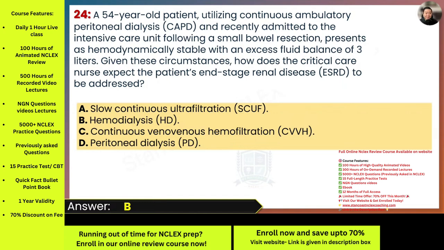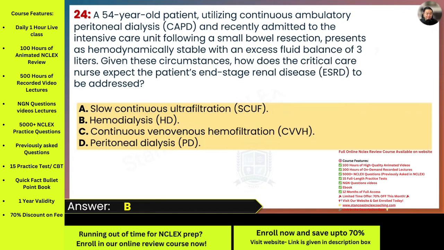And since the patient is likely to have a significant renal dysfunction, given that they have the ESRD diagnosis, then the SCUF would be insufficient for this situation. And take note that the SCUF is more suitable for fluid overload in partially functioning kidneys rather than a full renal failure. Letter C is also incorrect.